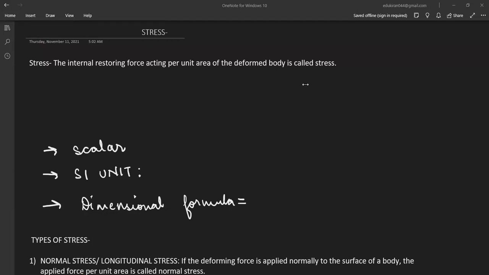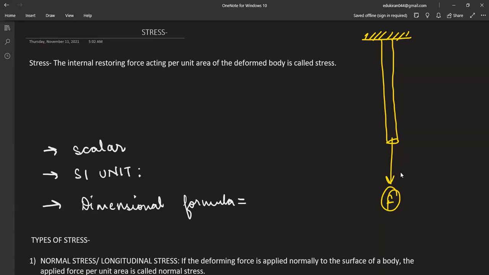Very good. Now listen, stress is also a type of pressure that is being exerted. Suppose this is the wire that has been taken and a deforming force is being applied downwards. There must be some area of this cross section when we are talking about a wire.